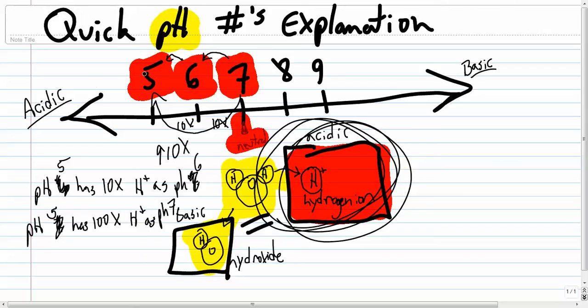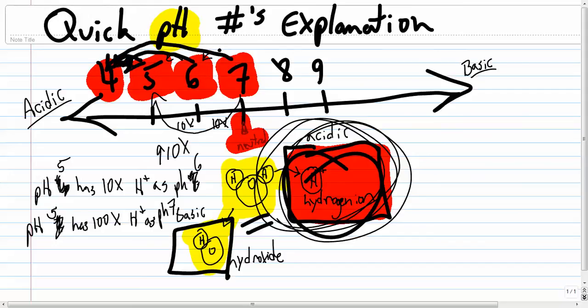So we could keep on going here. If you had something with a pH of 4, then what would it compare to 5? Well, 4 has 10 times as many of these as a 5. 4 has 100 times as many of these as a 6. And 4 has 1,000 times as many of these hydrogen ions as a 7.